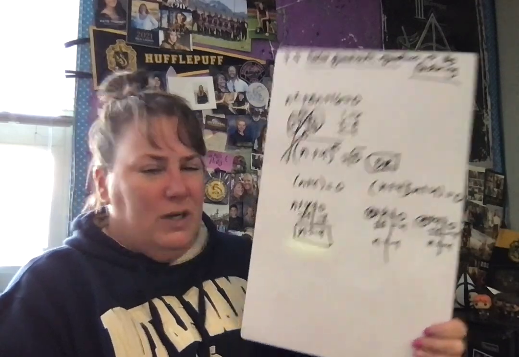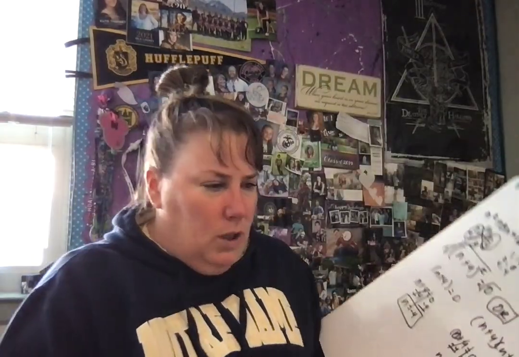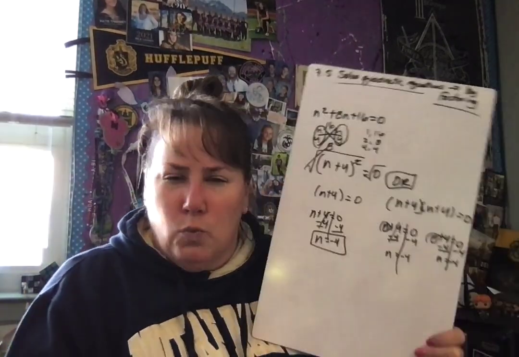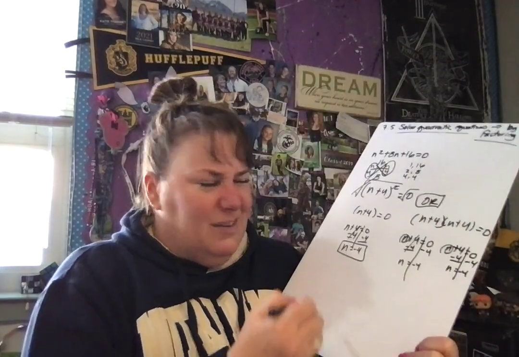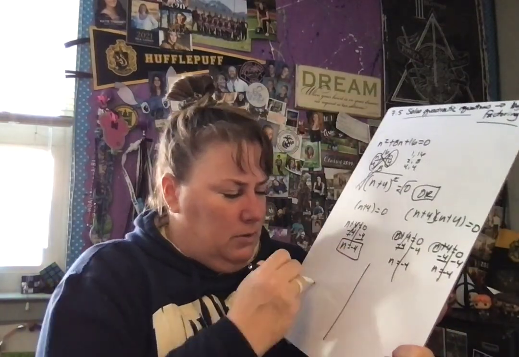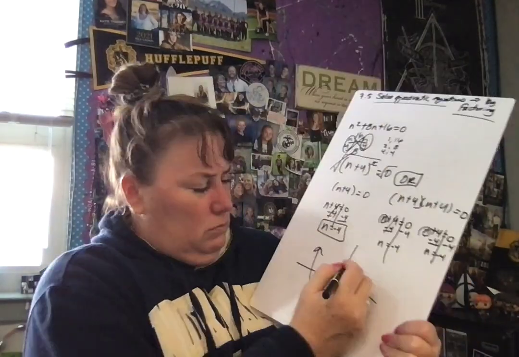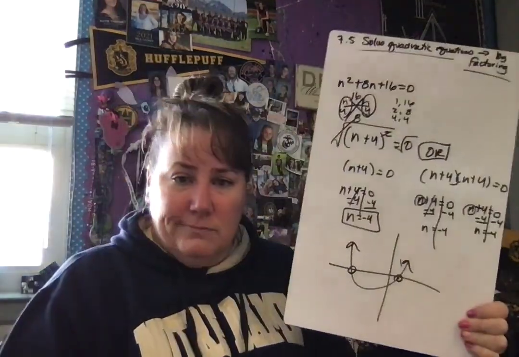Okay. So what does that mean for your parabola? Well, these are called roots, x-intercepts, where the parabola crosses the x-axis, and there's only one number. With two solutions, you have whatever this number is and whatever that number is.